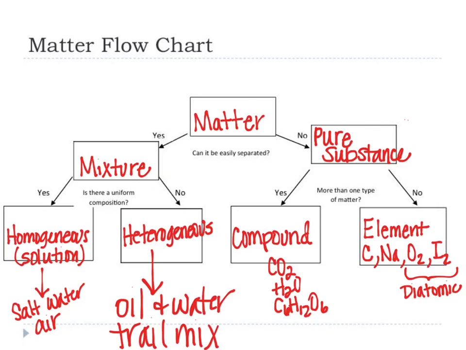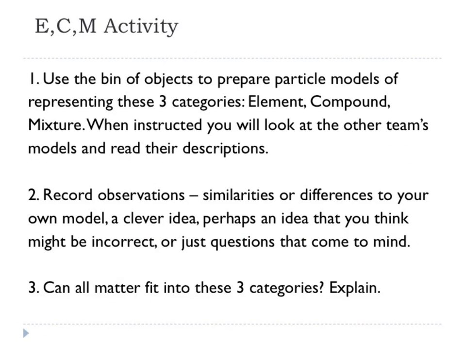Okay, you're going to go, not to the bins, you're going to go to the back at the lab stations, and there are 12 plates and beads back here. You're going to take the beads, and within your groups of 2 or 3, because there's 12 tables, you need to model for me an element, a compound, and a mixture.